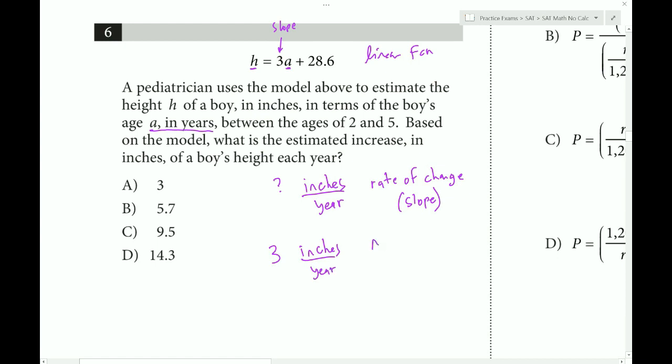Because we remember slope is always change in y over change in x. In this case, y corresponds with height. So change in height. And x corresponds with years. So change in time. H is measured in inches and t is measured in years. So this is exactly the right description for our answer, choice A.